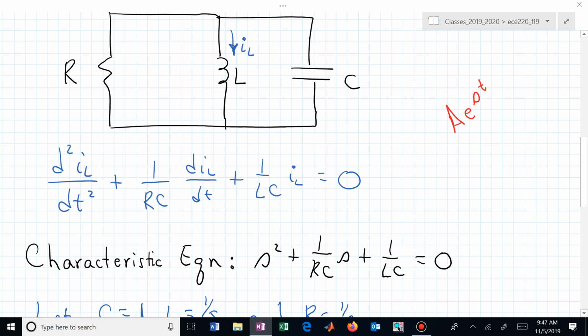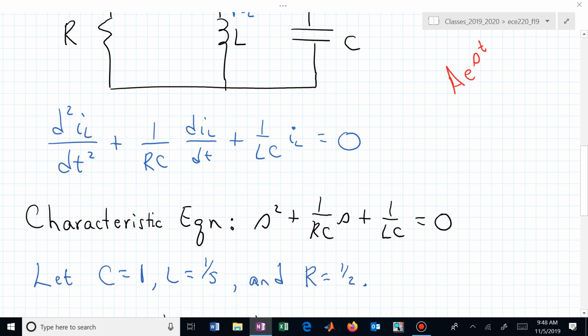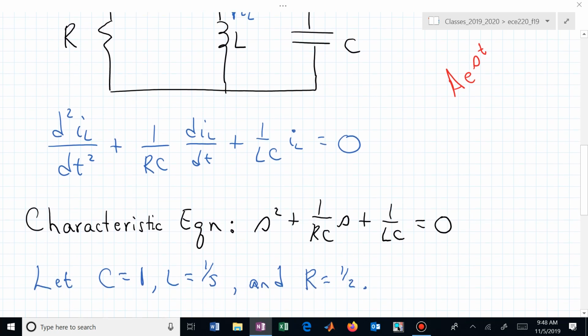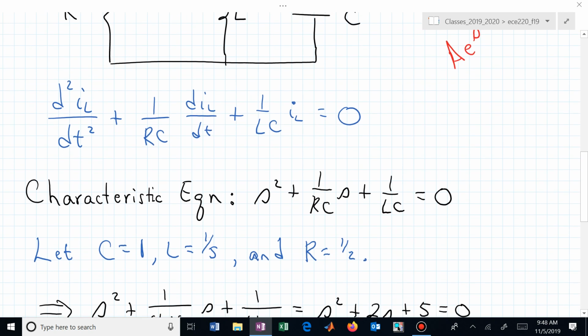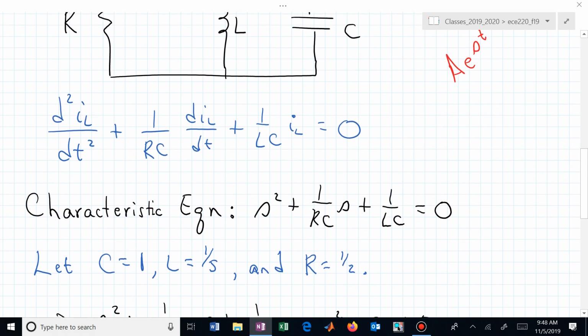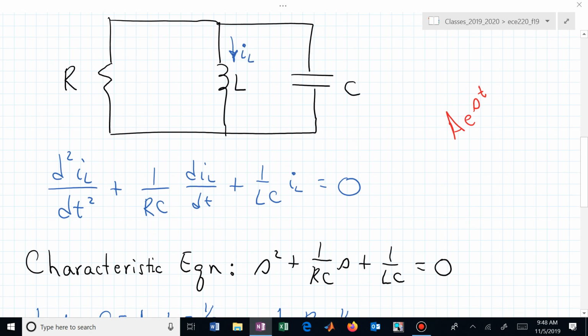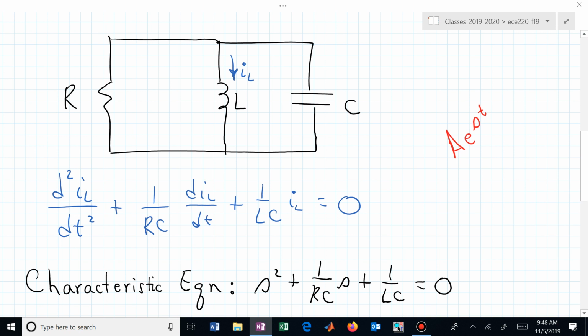If we select those, they're a little different maybe than what I had before. I don't think I used those in the earlier plots, because now the L and the R are different. Before I had L equal to 1, C equal to 1, and R was equal to 1. What's going to cause this RLC circuit to be a tank circuit?